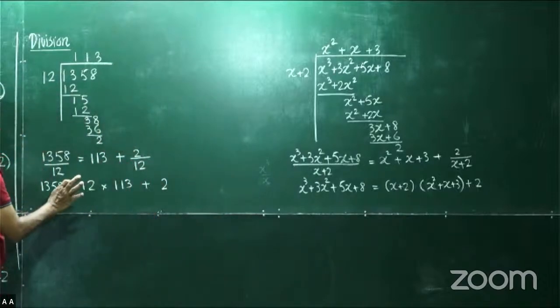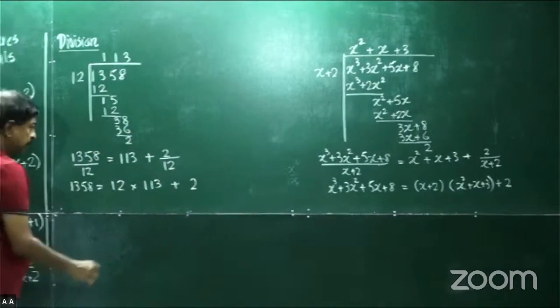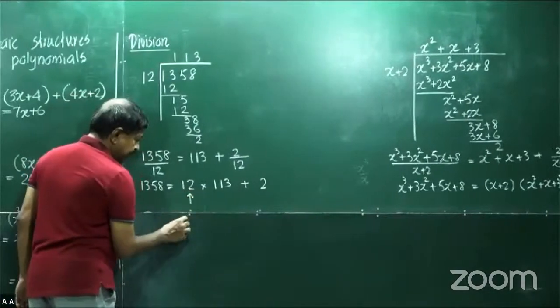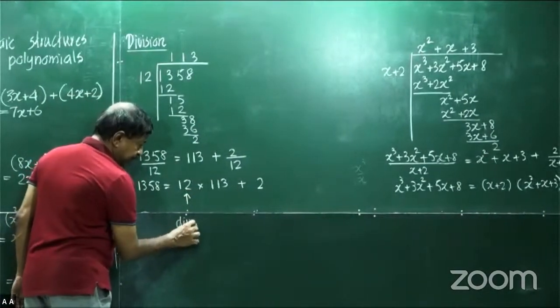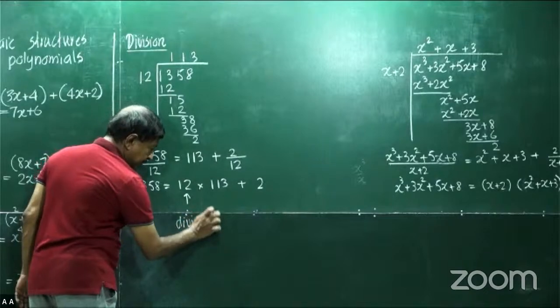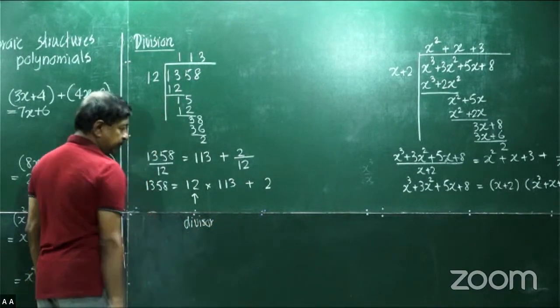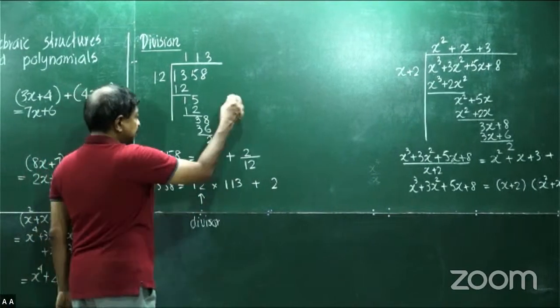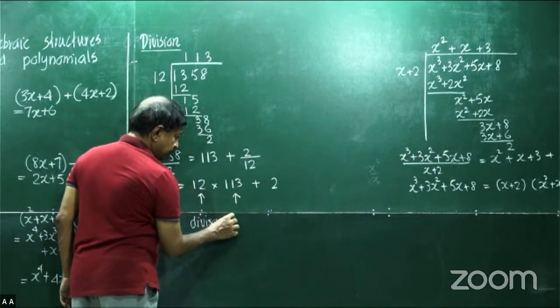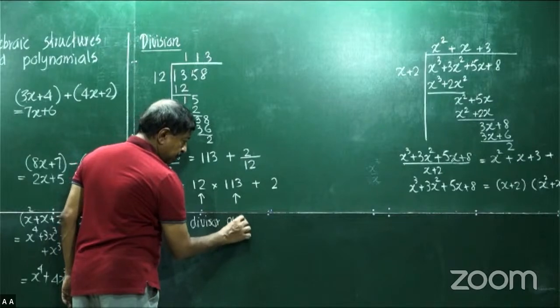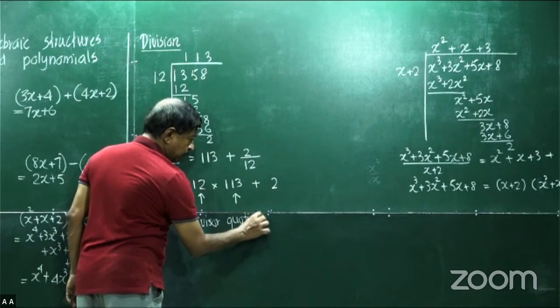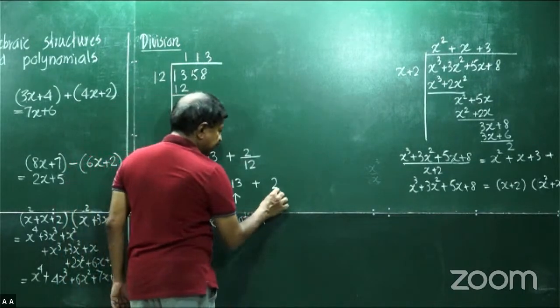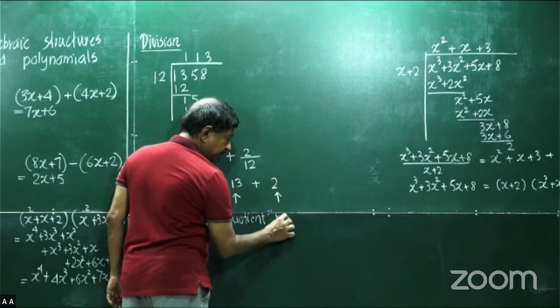Now in this division, this is the divisor with which you divide. This one is the answer, the quotient. This is the remainder.